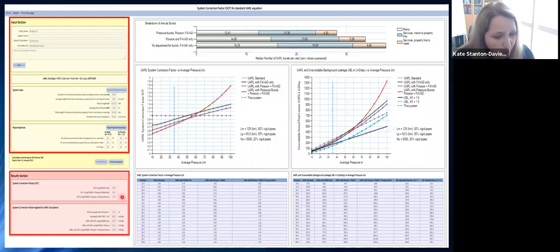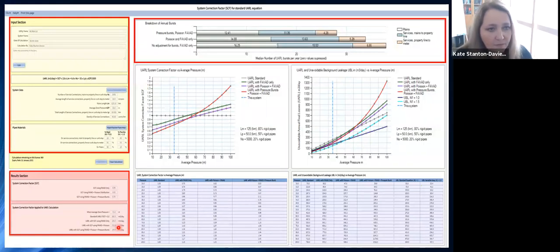Underneath here, we can see the actual volumes for UARL at this operating pressure, if we're just using the standard UARL equation, or if we're using the system correction factor, considering just FAVAD, FAVAD and pressure bursts, and FAVAD, Poisson and pressure bursts. And we'll talk a little bit more about the actual numbers here in a few slides down the line.